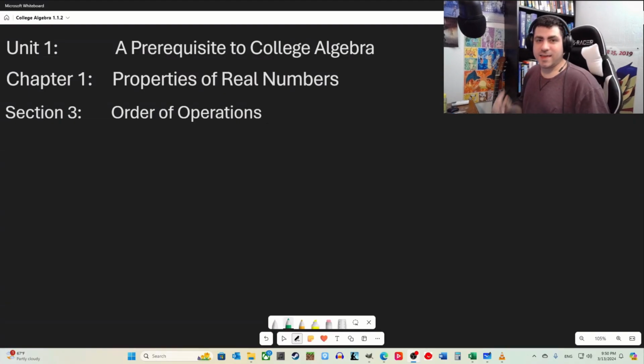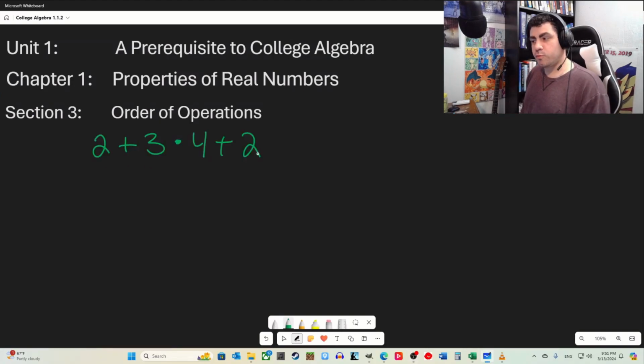Going at this in any order will almost always yield a wrong answer. There is a correct way to solve a problem. For instance, if you decide to add two numbers together before using multiplication, you will get a wrong number. For example, 2 plus 3 times 4 plus 2.